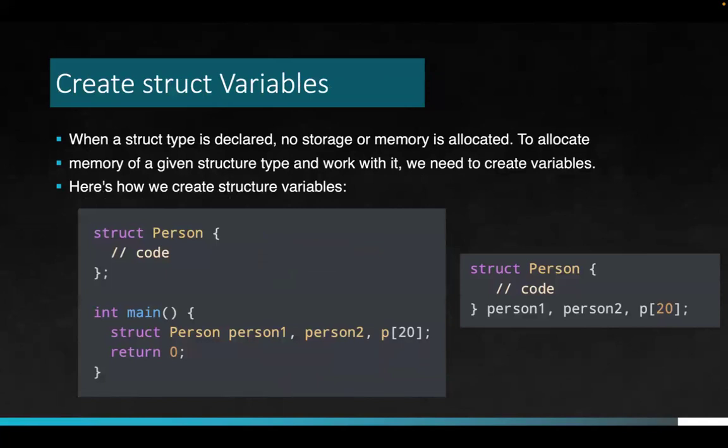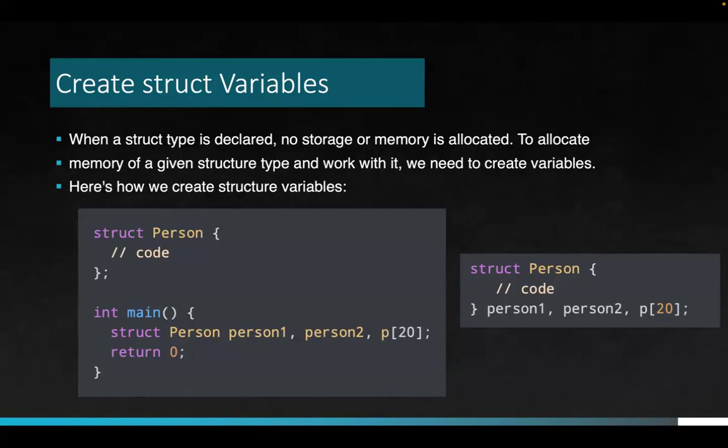Now, how to create a structure variable? When a struct type is declared, no storage or memory gets allocated. Let's say you have created a structure person and there is nothing inside it. That means if you are not giving any variables inside this structure, then the compiler doesn't know how much memory is needed for your execution, due to which it doesn't know how much size you want to allocate for this particular structure.